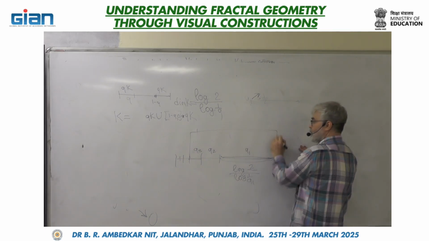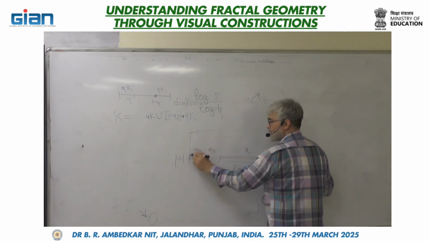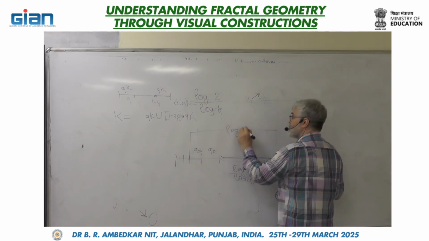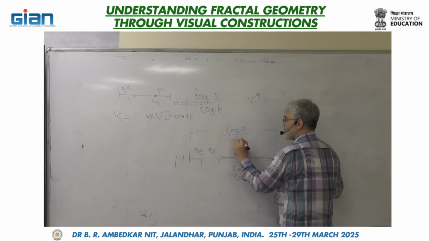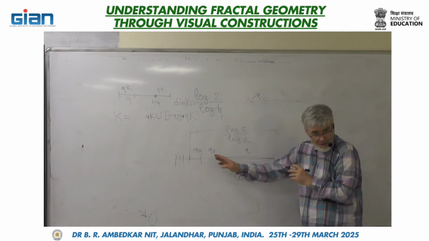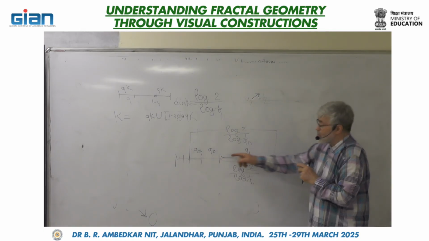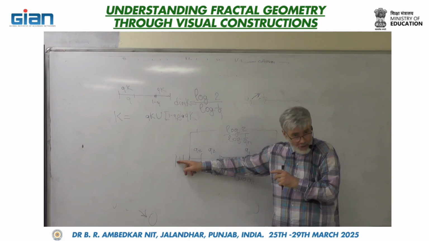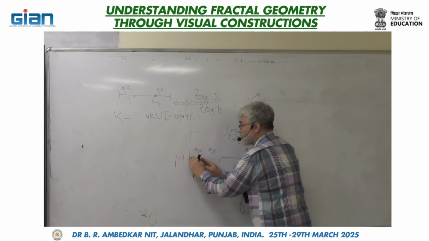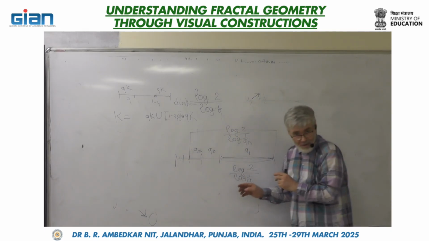If we take the union up to the nth copy, the dimension will be logarithm 2 divided by logarithm 1 divided by q_n. If n tends to infinity, then the dimension tends to 1. Each of these sets has 0 one-dimensional measure, yes?